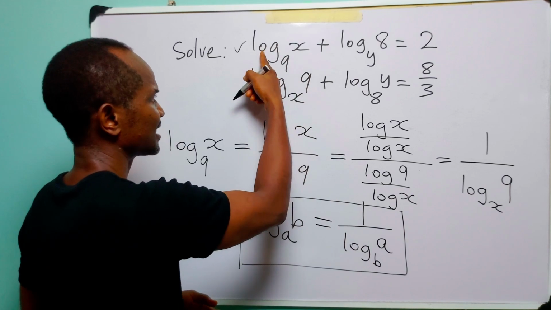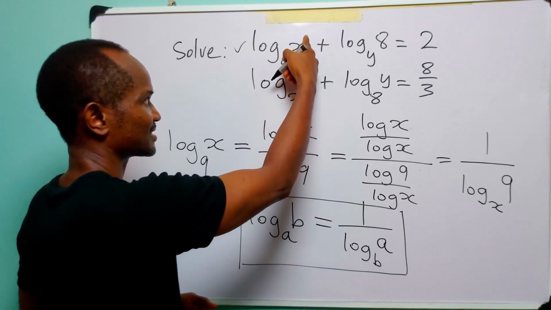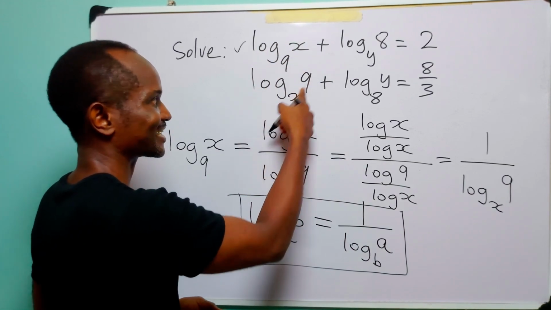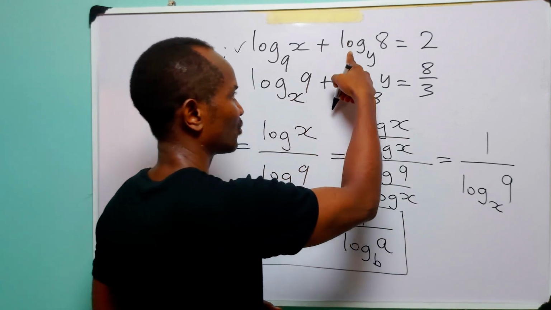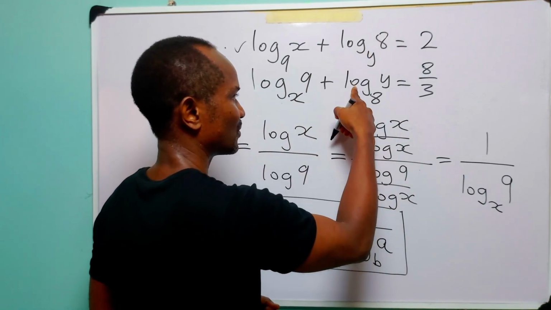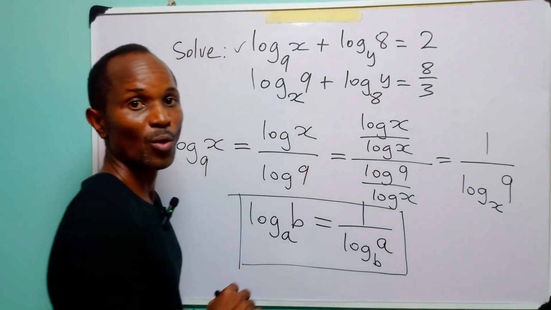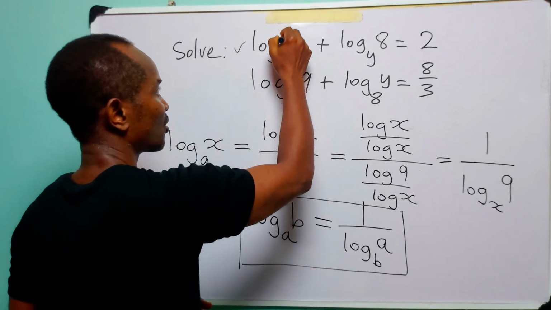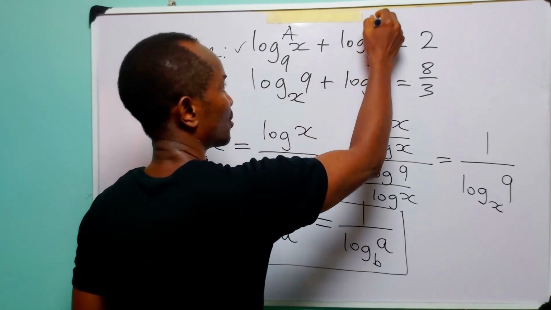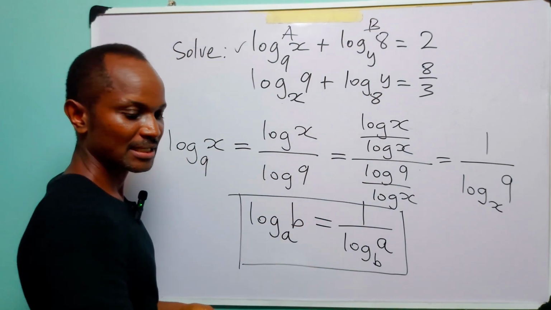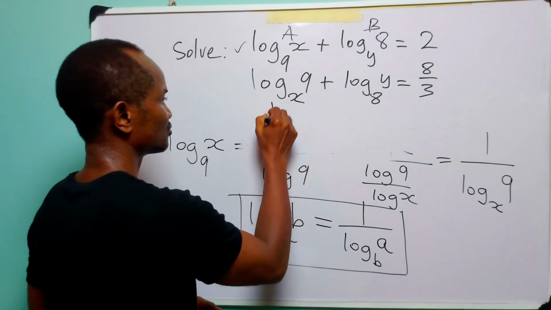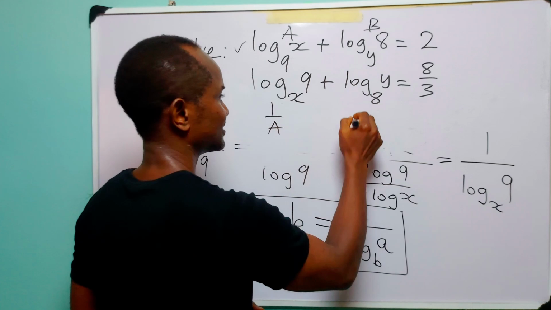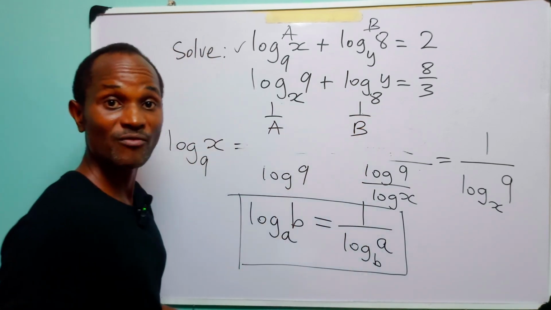Because when you look, you can see that we have log to base 9 of x, and here we have log to base x of 9. Here we have log to base y of 8, and here we have log to base 8 of y. So that simply means that, for instance, if we decide to call this a and to call this b, then this is going to be 1 over a, and this is going to be 1 over b.